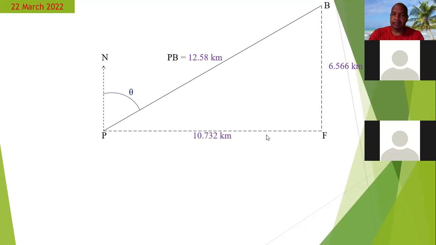Sir, I was thinking if you add all the sides, like you have an idea of the hypotenuse and you have an idea of PB.